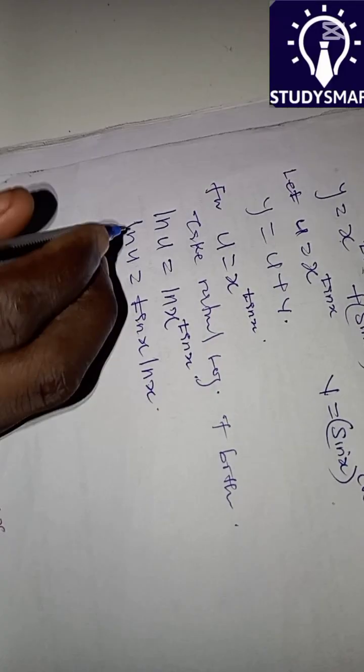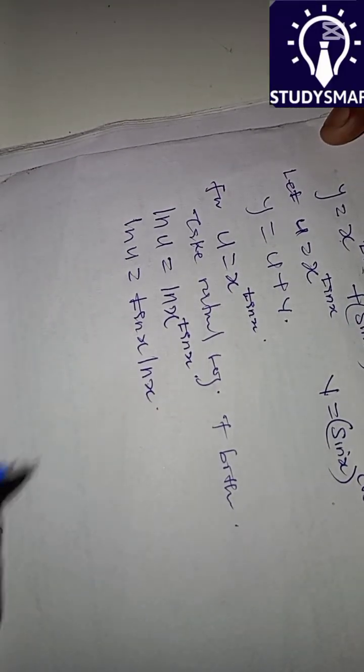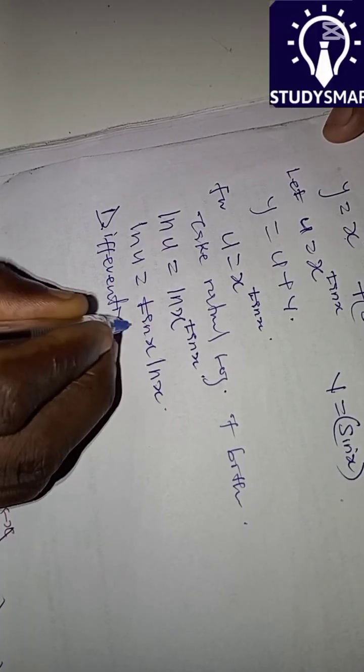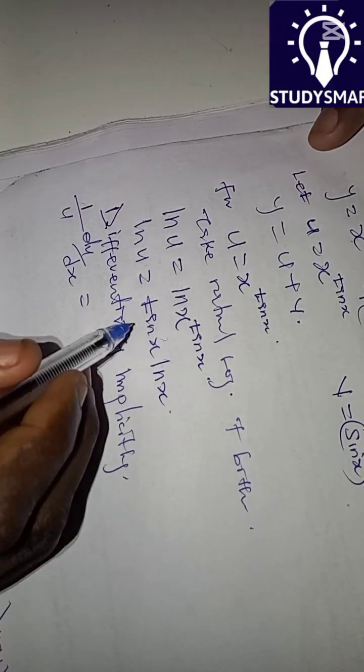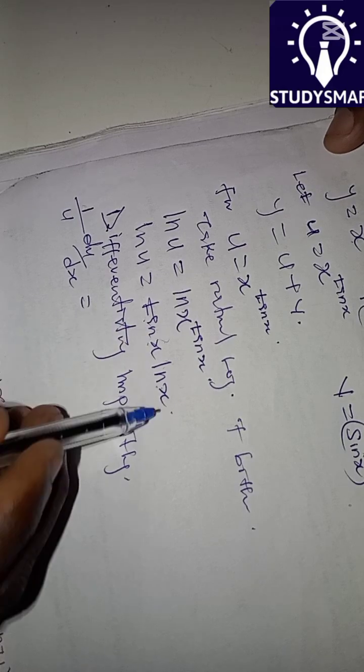Now we are going to perform implicit differentiation here. We will have 1 over u du dx equal to, on the right hand side, the product rule, because we have two functions here, tan x and ln x.